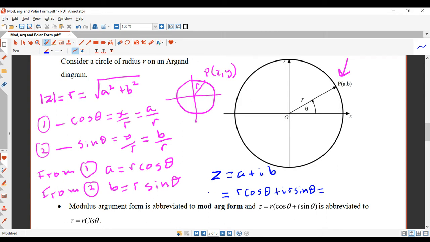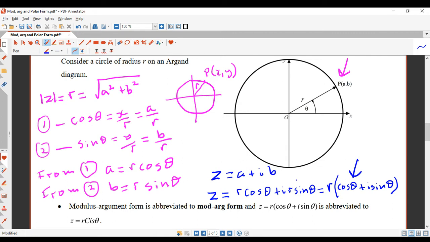Then I can take out the r as a common factor. I've just got r (cos theta plus i sine theta). There we go.